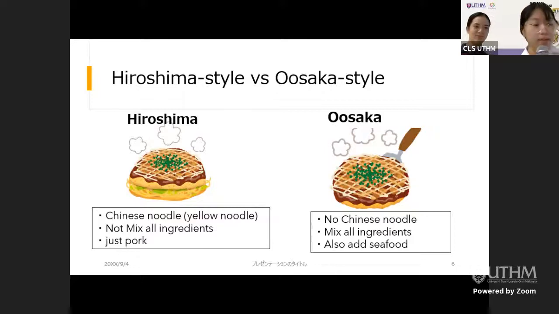Historically speaking, Hiroshima style is the origin, though there are a lot of people who prefer eating Osaka style. Osaka and Hiroshima are engaged in a heritage battle to determine the best okonomiyaki.